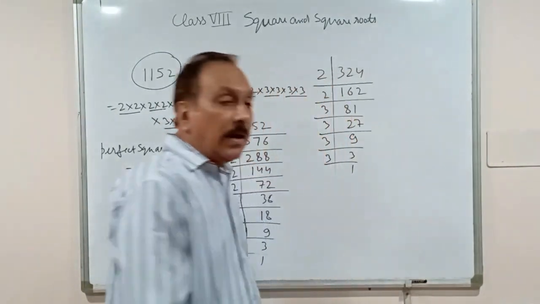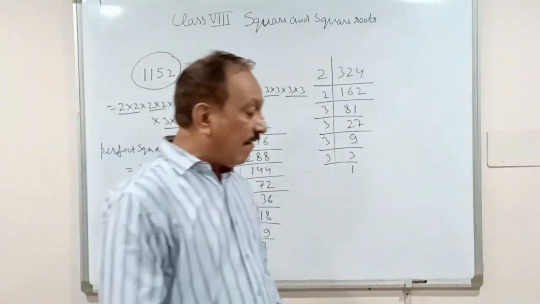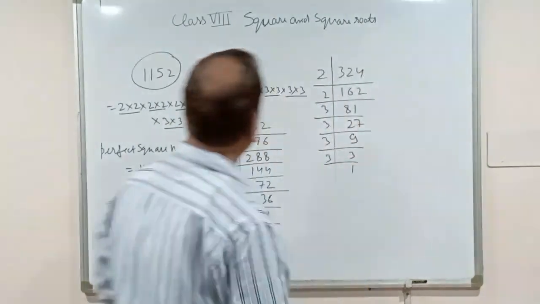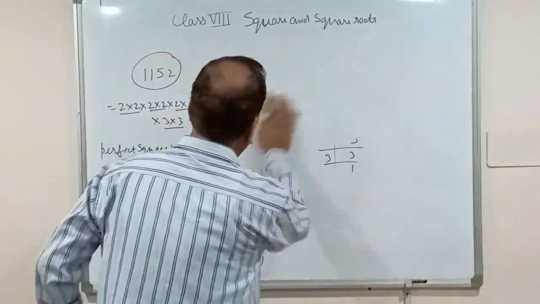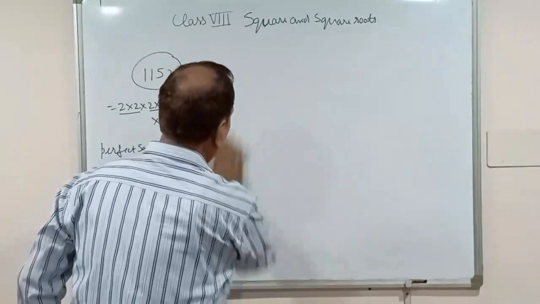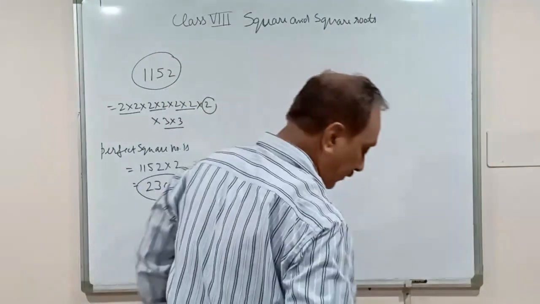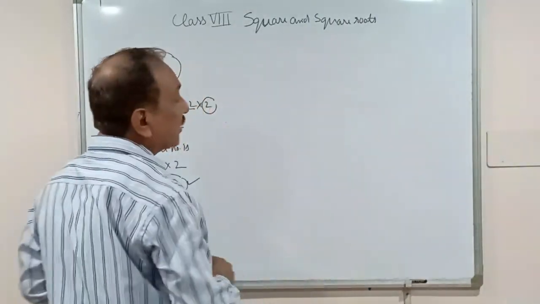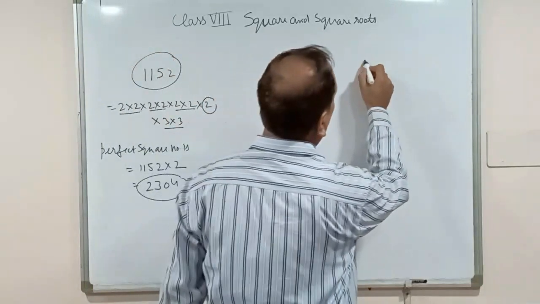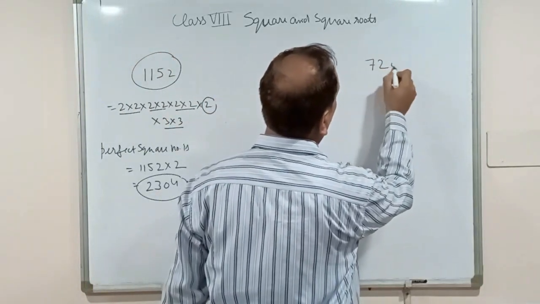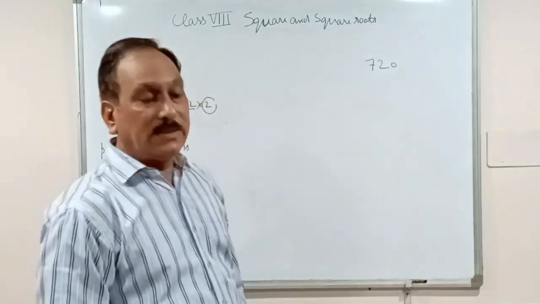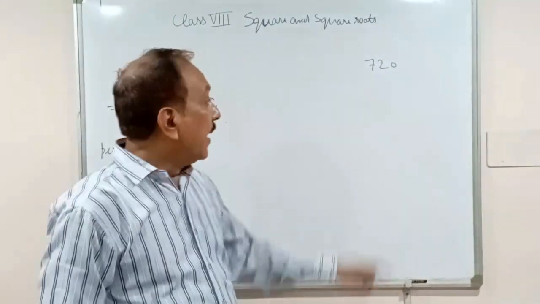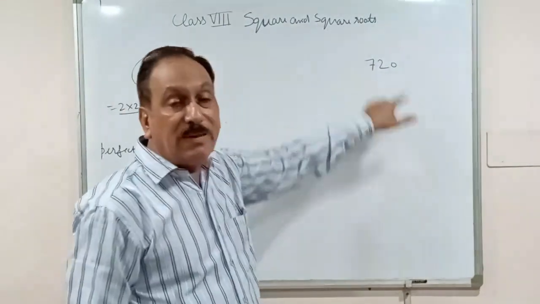Next, my question is: find the smallest number. This is 720. Find the smallest number by which it must be divided or multiplied so that it is a perfect square.